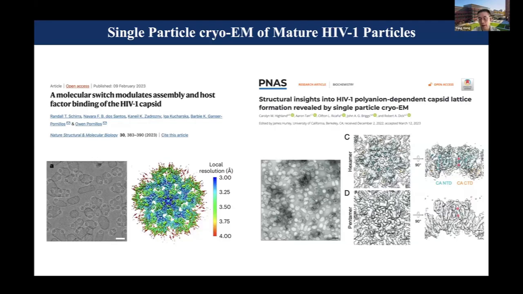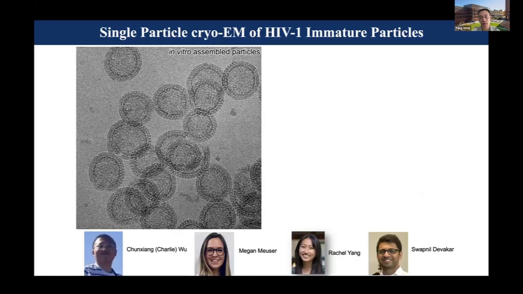So we did this, among other groups, looking at the immature capsid. Again, you can see this on the micrograph. Again, overall spherical, but they're never the same. They're all broken. This work was done by the people in my lab, and I just want to acknowledge them there.